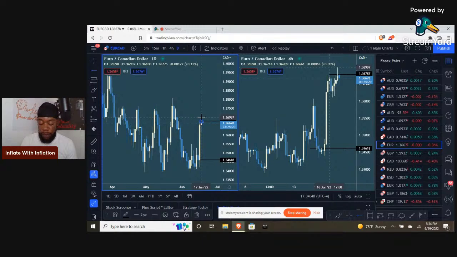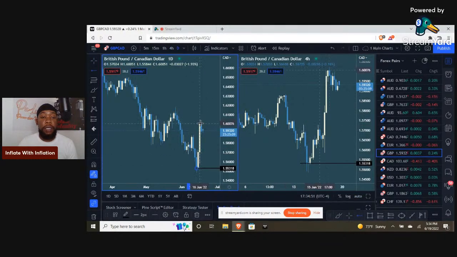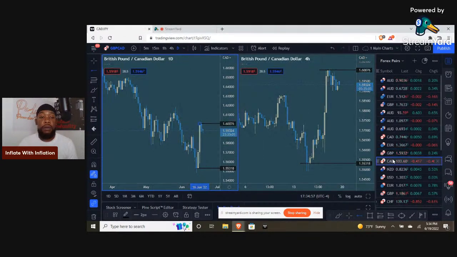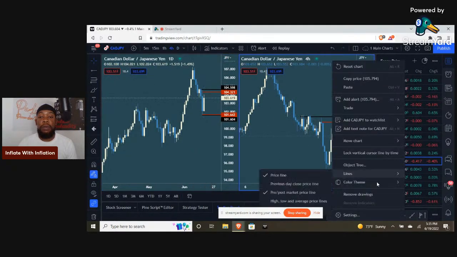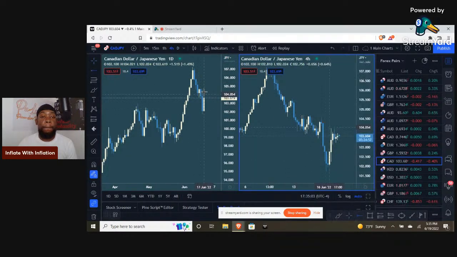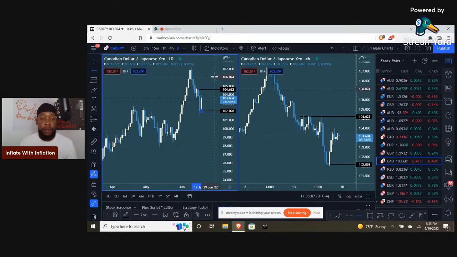We got a euro buying, CAD selling. Here we got a pound buying and a CAD selling. Here we have CAD selling and yen buying.